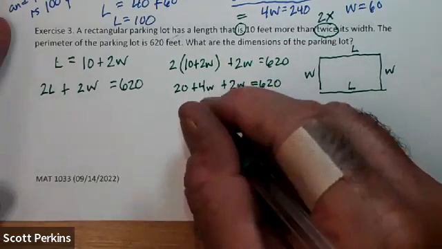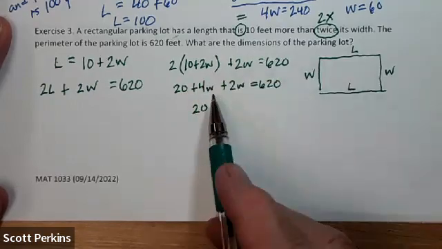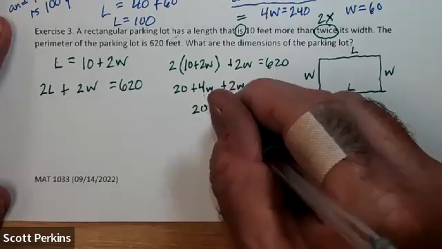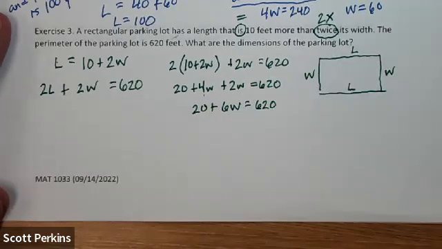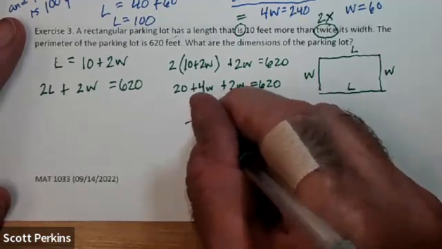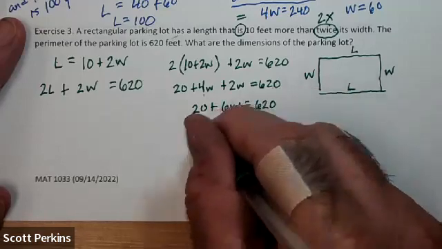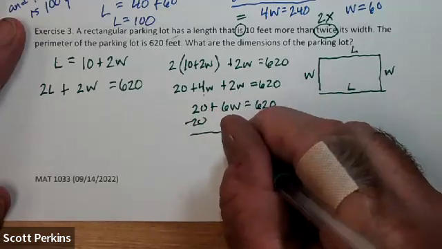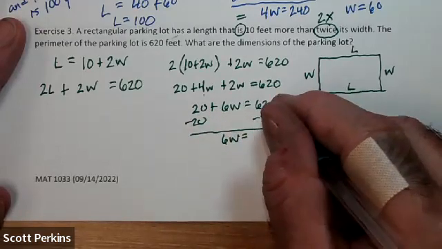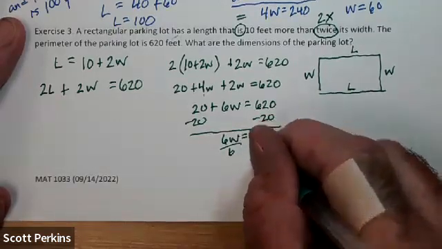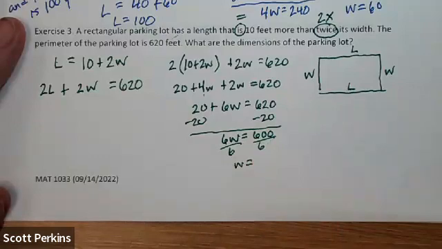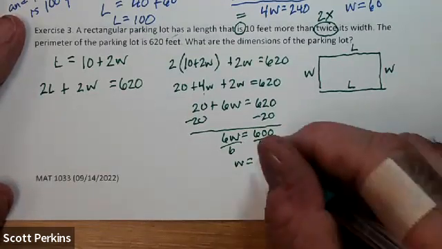Collecting my like terms, I've got 20 plus 4W plus 2W is 6W. I'm going to subtract 20. And I get 6W is equal to 620 minus 20 is 600. And last but not least, after I do my great division here, 600 divided by 6 is 100.